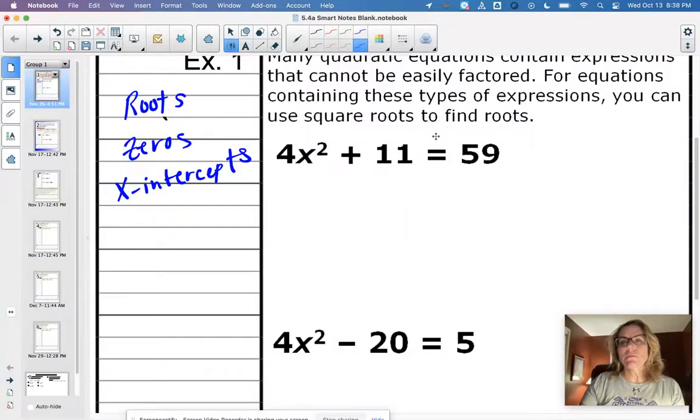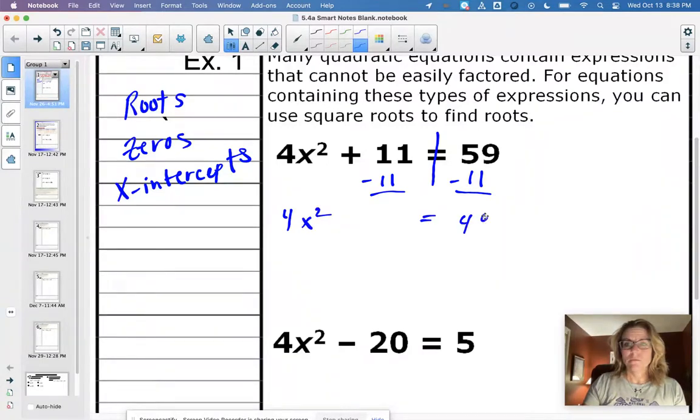So right here, you would subtract 11, because what we're trying to do is get the x squared all by itself. Divide by 4. And take a square root.